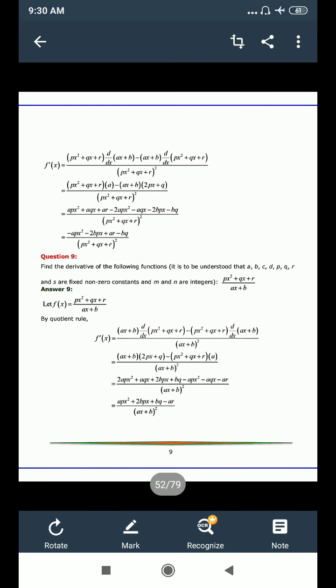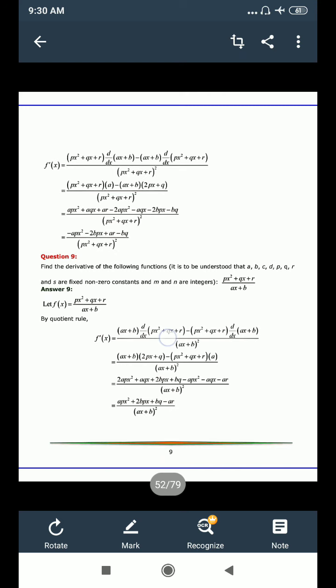Question number 9 is just opposite to it. So as you did question number 8, it is similar to question number 9. Only difference is numerator and denominator are interchanged. So there will be no difference in the differentiation. So only difference is now denominator as it is differentiation of numerator minus numerator as it is differentiation of denominator.